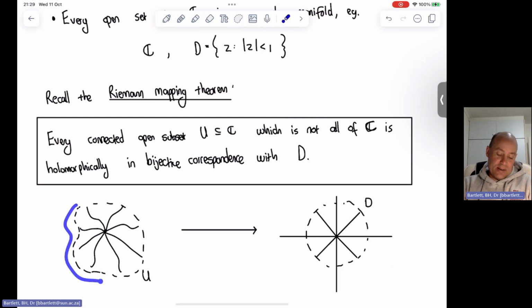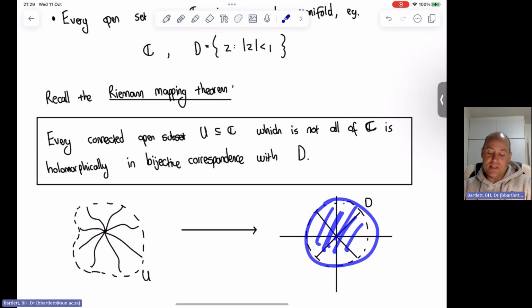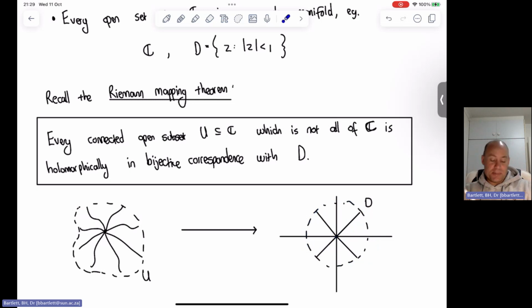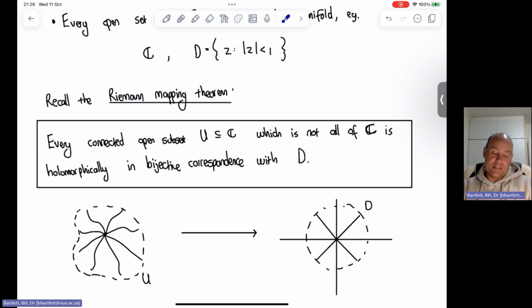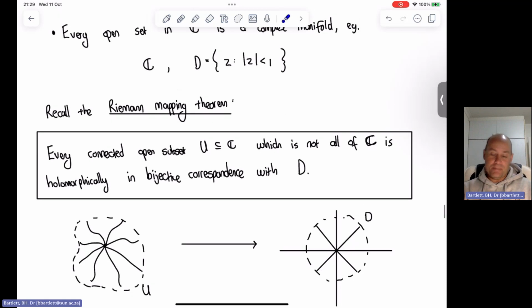Take any open set in the complex plane, which is not the entire complex plane, then it's going to be holomorphically diffeomorphic to the unit disk. And there's a specific map that you can write down. So that's very cool. That tells us that all of these open sets in the complex plane are not giving us different complex manifolds, because they're all isomorphic to the unit disk.